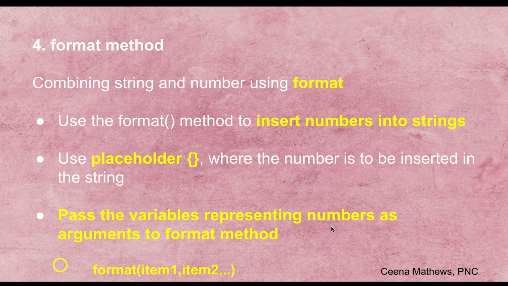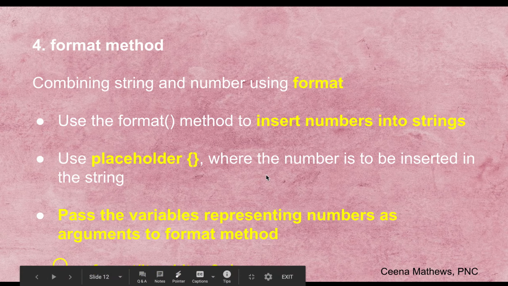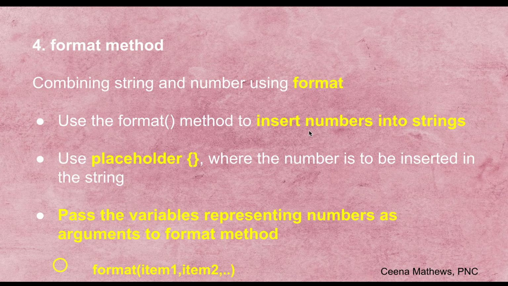Next is about the format method. It is used to combine string and number. Use the format method to insert numbers into strings, and for this we use placeholder, which here is 2 curly braces where the number is to be inserted in the string.